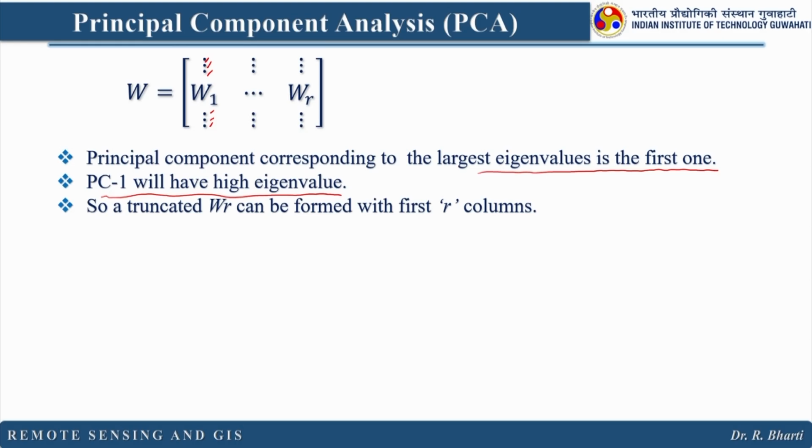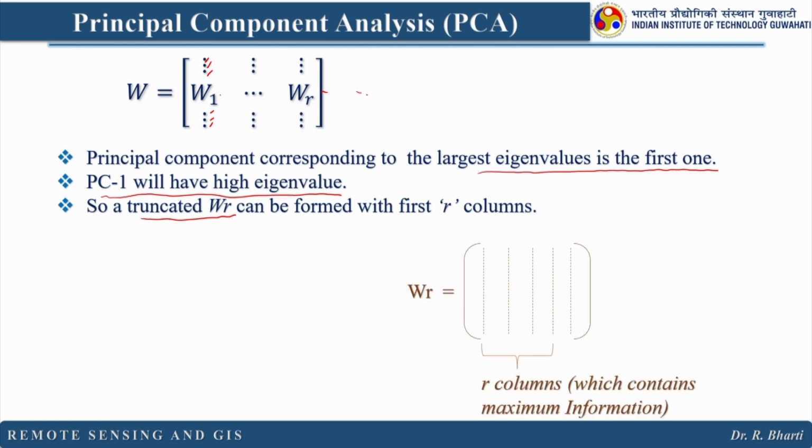Now there is one more concept called truncated WR. That means you want to reduce the number of outputs in the output data, right. So once you have this W, starting from W1 to, let us say, Wn, but you want only WR in the output.